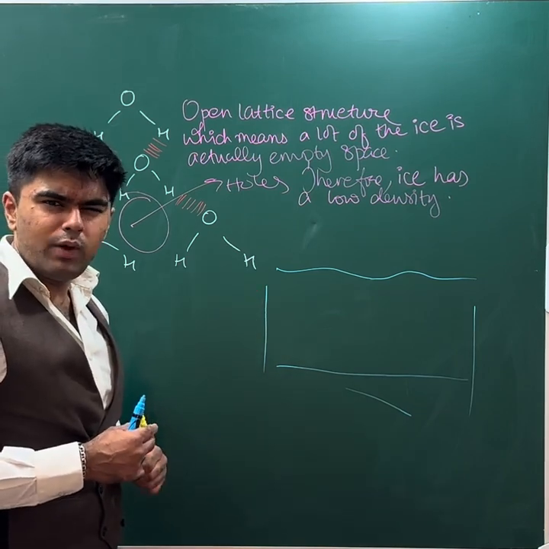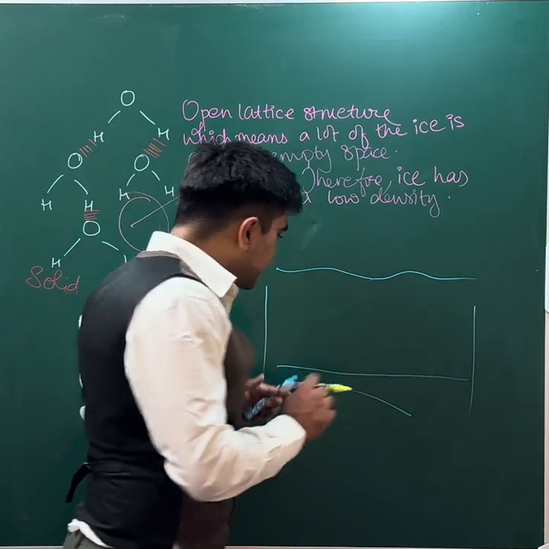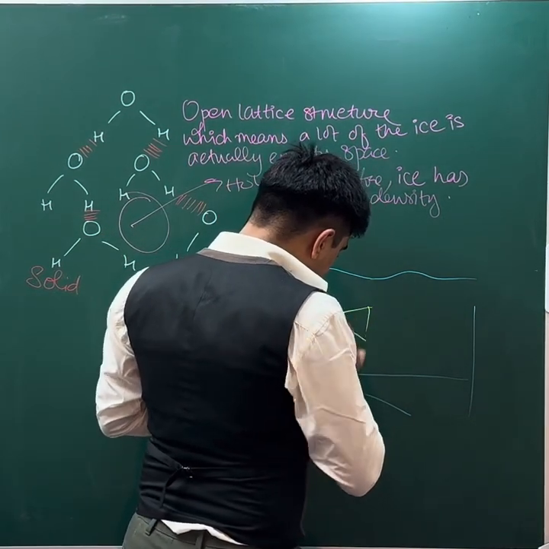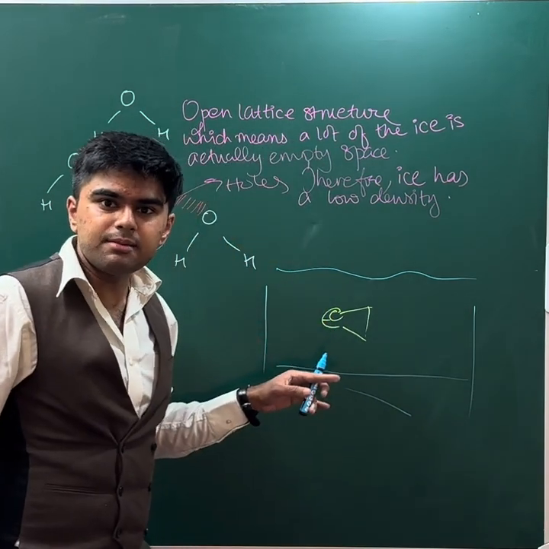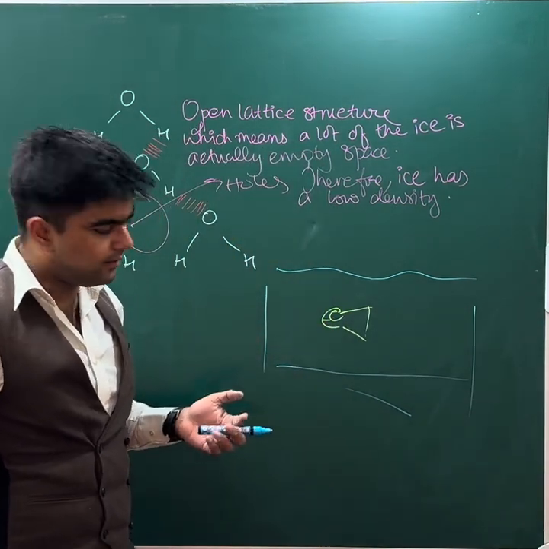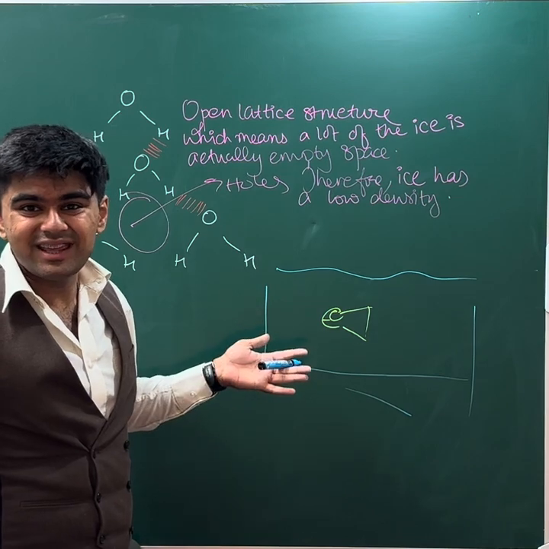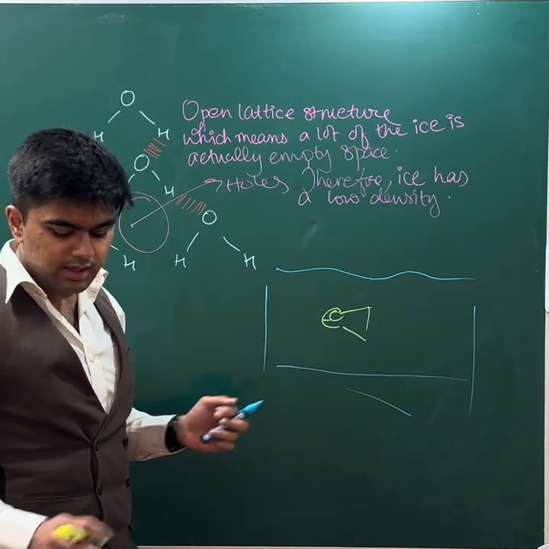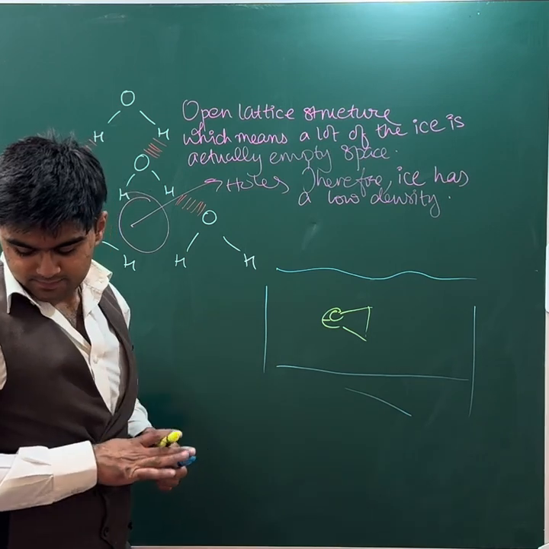But wait a sec. We've got Mr. Fishy in here. We've got a lot of fishes. What happens to them? Do they just die? Yeah, if that freezes, they're dead. How are they going to swim? They can't. It's not going to work. But that's where you've got ice.